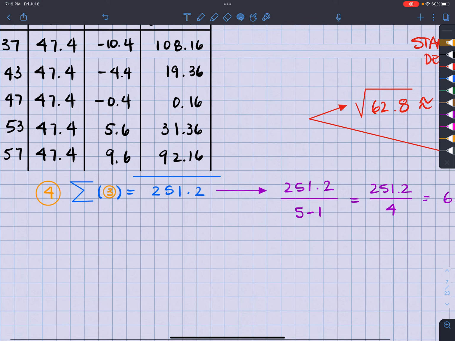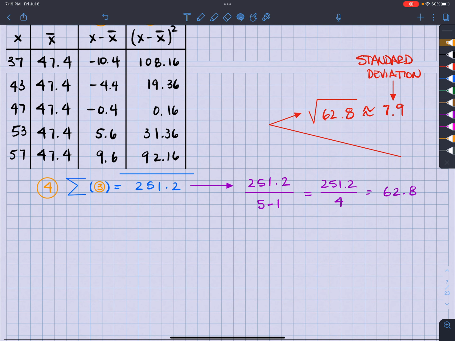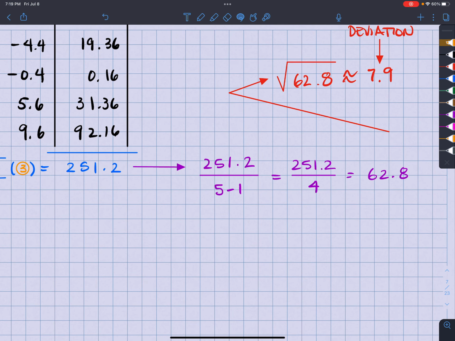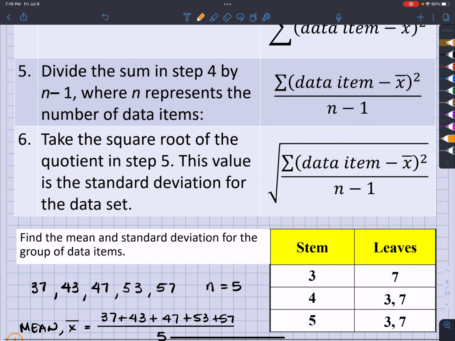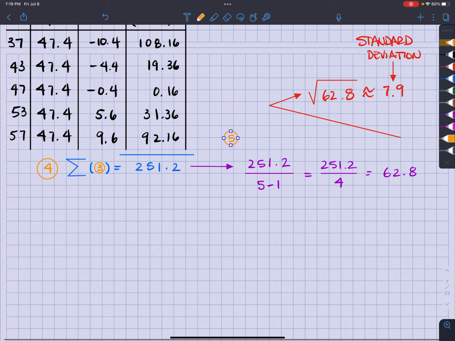And then step 5 was to divide by n minus 1.